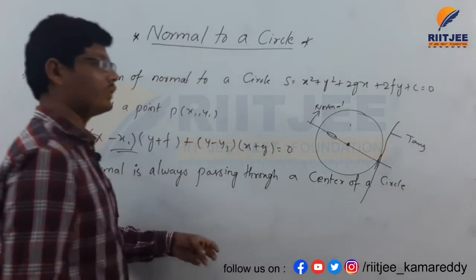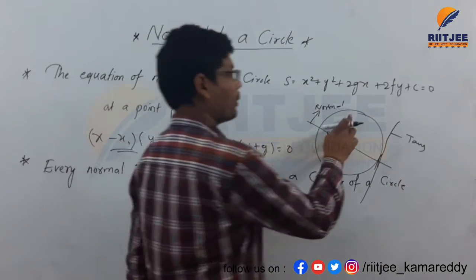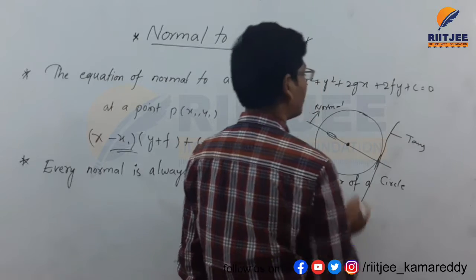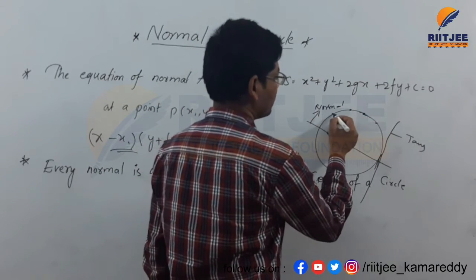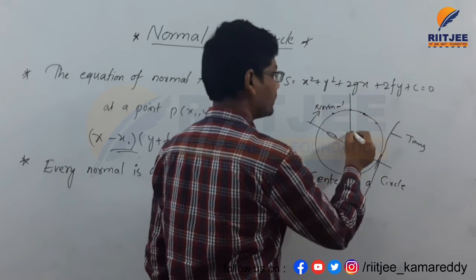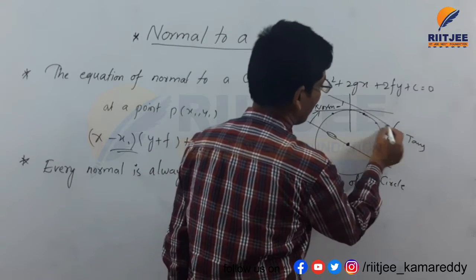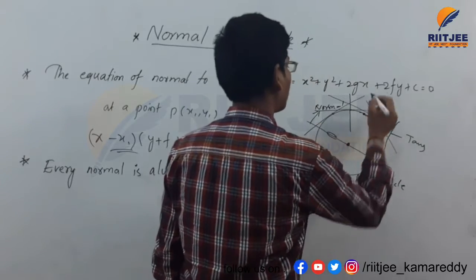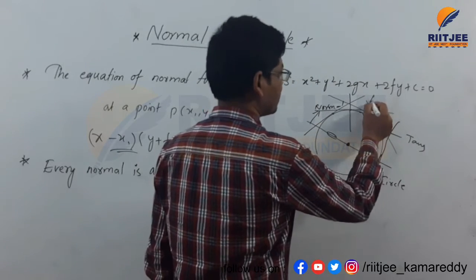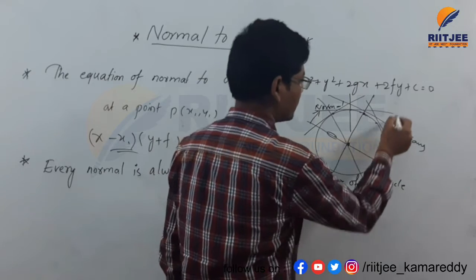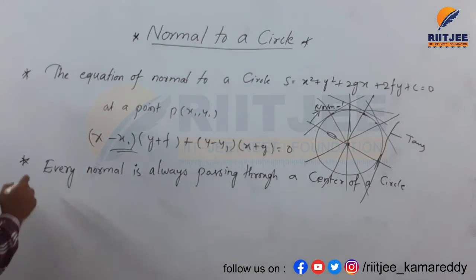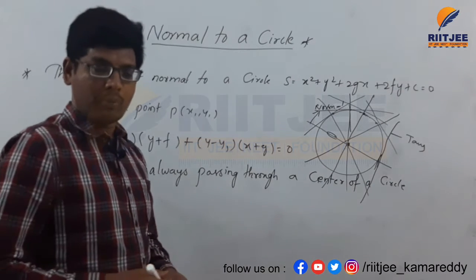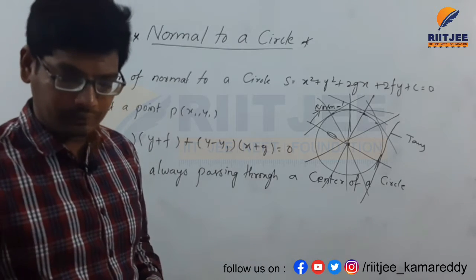If you take any point of contact on a circle, you can draw the tangents, and for those tangents, the normals are always passing through the center only. This is the concept about normal here. And the next point is the equation of normal.